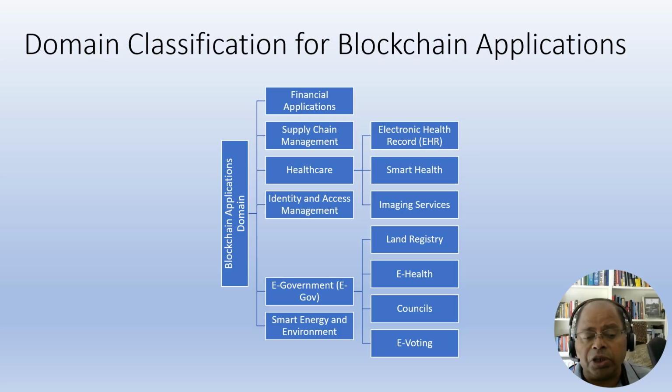And then I've expanded the healthcare: electronic health record, EHR, smart health, image services; land registry in the e-government; e-health, local councils, and the e-voting. So somehow it needs to be collaborative research that we can extend.